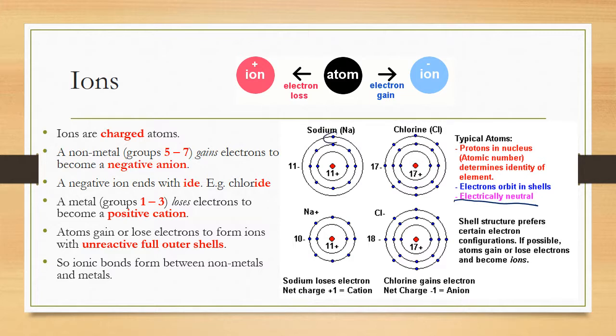It has lost its outer electron to gain a net charge of +1, and you'll notice now it has a full outer shell. And chlorine has gained an electron. Notice there's 7, there's 1 missing here. Now it has gained an electron, so its outer shell is full, it's stable, it's unreactive, and because it's gained a negative electron, it's now become an anion, overall negative.